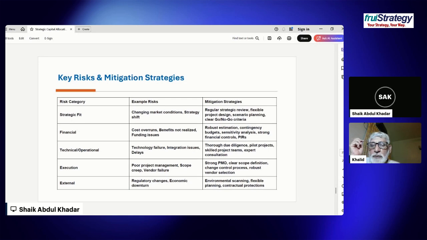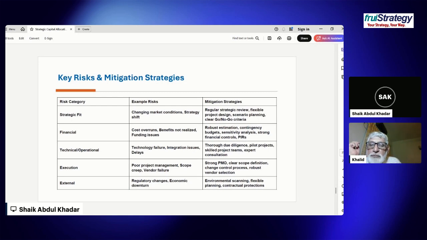Execution risk. There could be poor project management, scope, vendor failure. So the mitigation would be to have a strong project management office, clear scope, change control process, robust vendor selection.